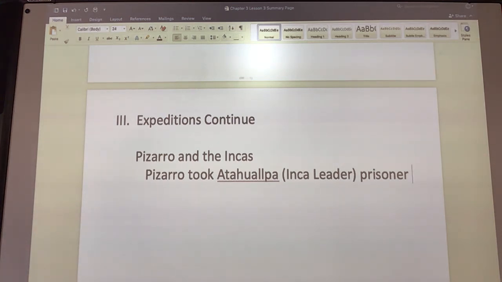What happens? Give me some more information. What else can we add in there? You should be writing this down in your notebooks. How does he get to the Inca Empire? What does he tell them they have to do?